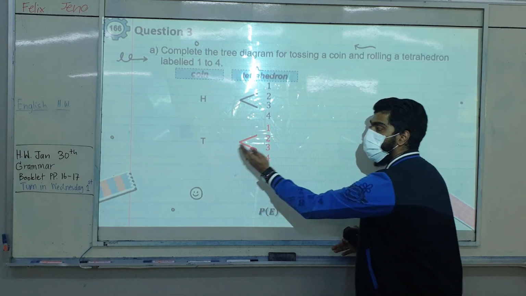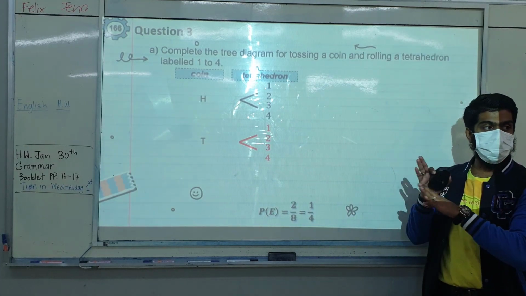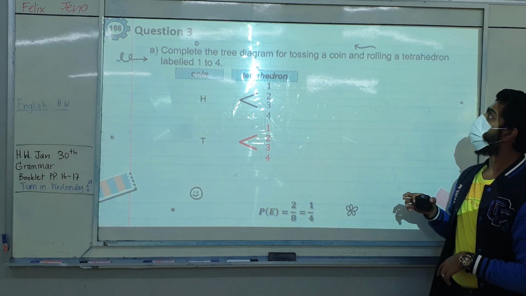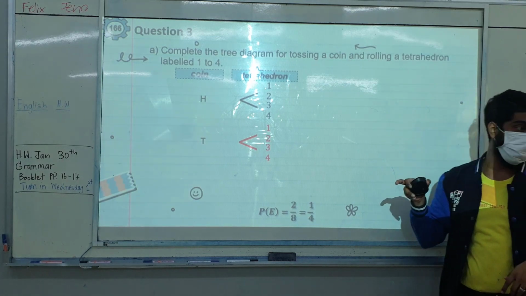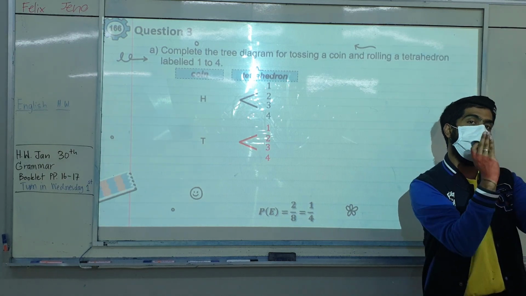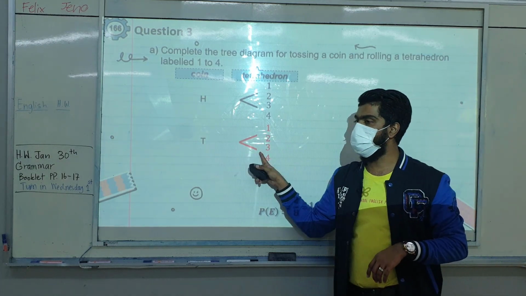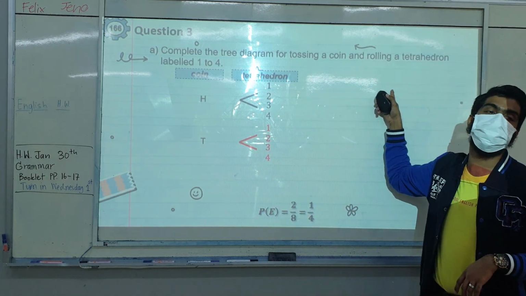After tails, we can get 1, 2, 3, 4 from a tetrahedron. Once we draw it, a tetrahedron is like a die, look down, but it looks like a triangle. Okay? Now after we have drawn the tree diagram, we are going to write the possible outcomes.